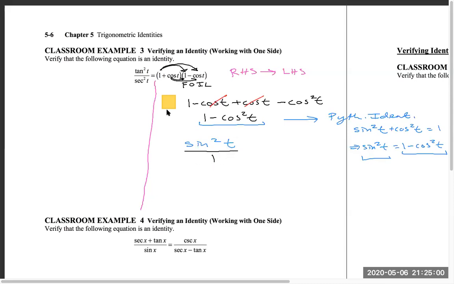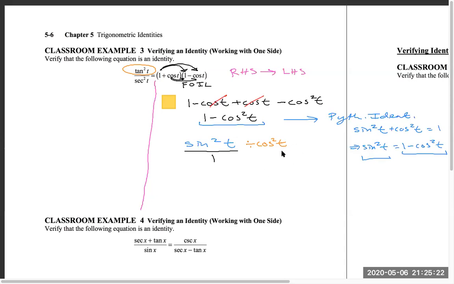Now, how would I get a tangent squared t from the numerator? Well, if I divide by cosine squared t, okay, that will give me the tangent squared t I want.